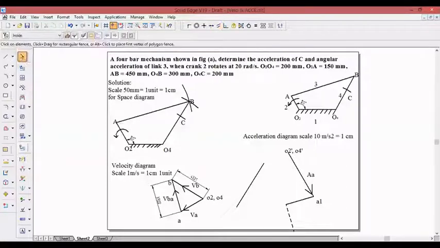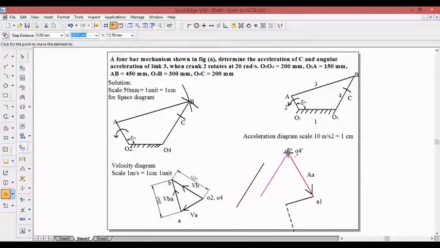And if I move, this line should start from O4. Where is point O4? The point O4 is here.